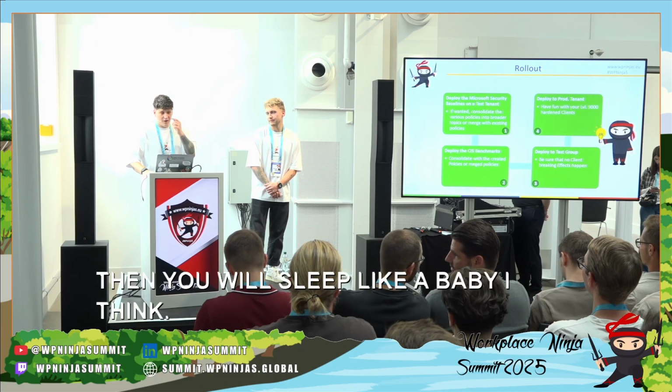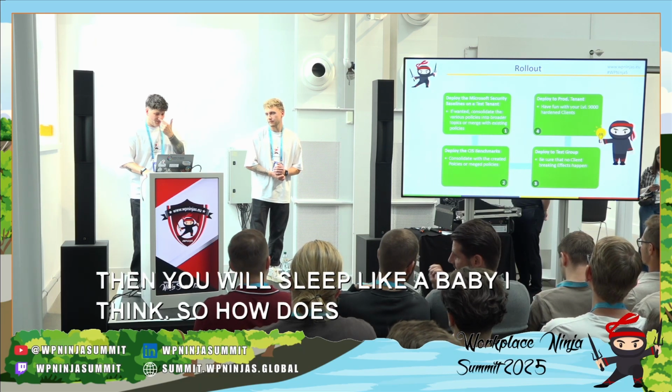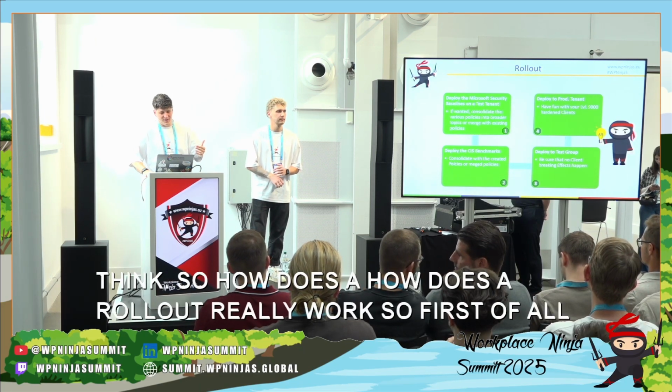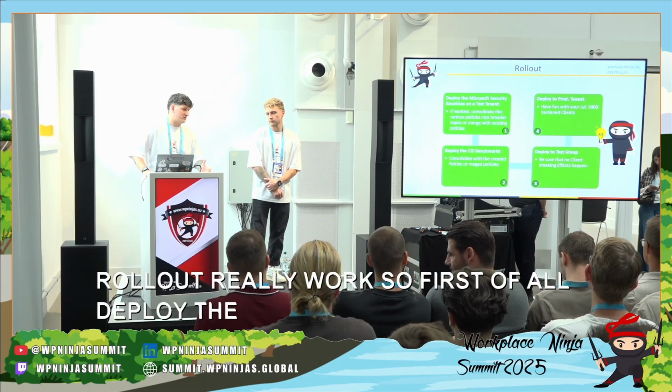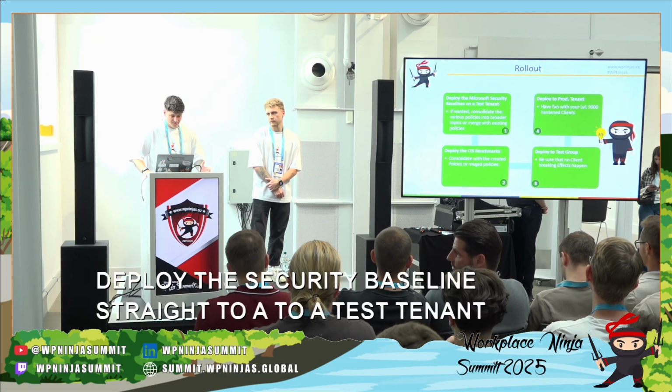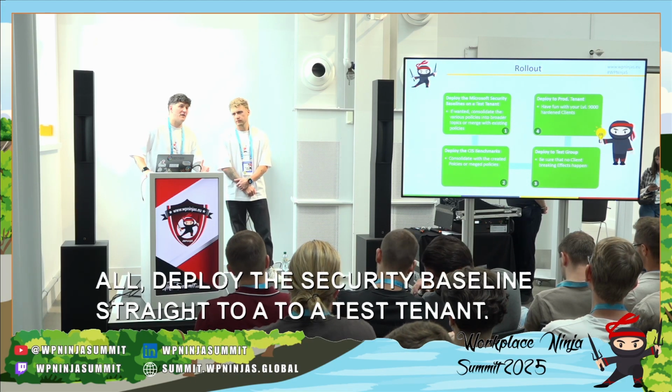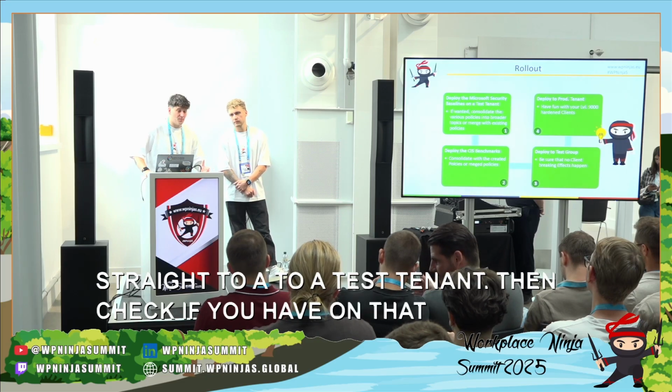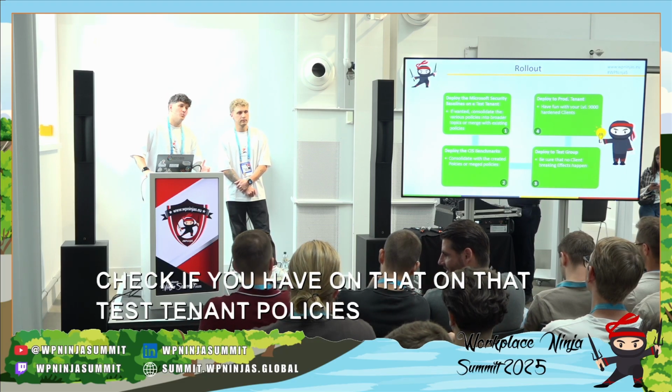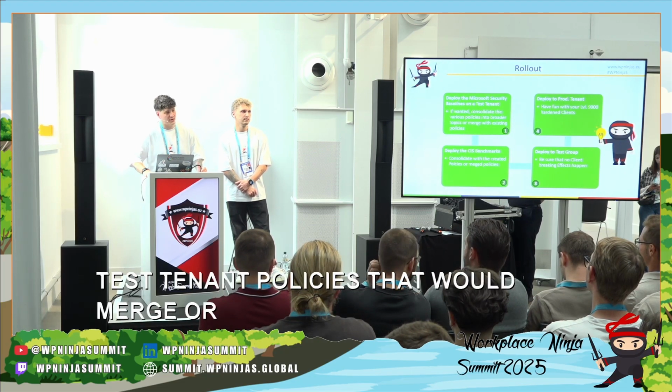So, how does a rollout really work? First of all, deploy the security baselines to a test tenant. Then check if you have policies on that test tenant that would merge or create conflicts.